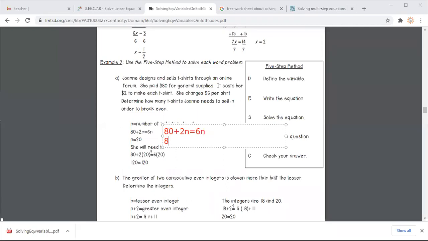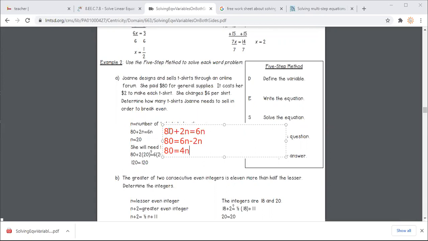Okay, so this is 80 equals 6n minus 2n. It will be 80 equals 4n.